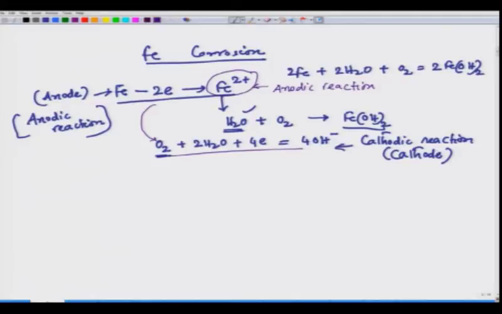Now, this iron plus 2 reacts with OH minus and forms Fe(OH)2, which is the same as this reaction. Finally, this reaction is parallelly taking place. This is also electrochemical, because this is the anodic reaction, this is the cathodic reaction. This anodic reaction happens on the iron surface, iron corrodes, and the cathodic reaction also happens on the iron surface, which takes care of the electrons which are released by iron while forming ions.